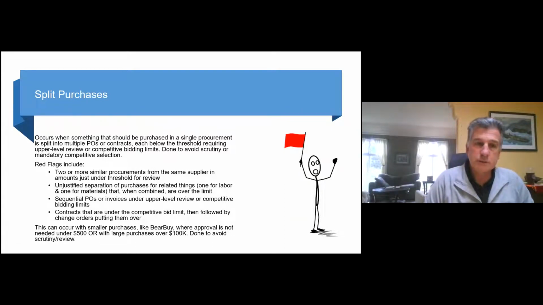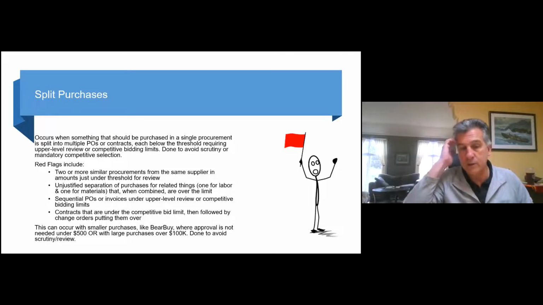Split purchases. This occurs when something that should be purchased in a single procurement is split into multiple purchase orders or multiple contracts, each below the threshold requiring upper level review or competitive bid limits. This is done to avoid scrutiny and to avoid the mandatory competitive bid selection process.